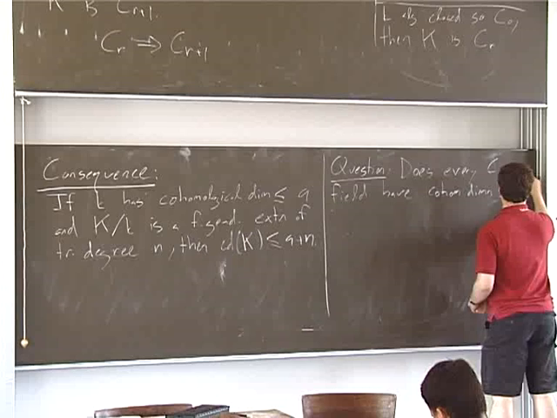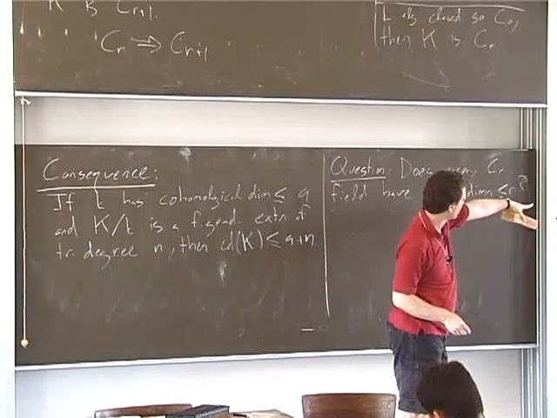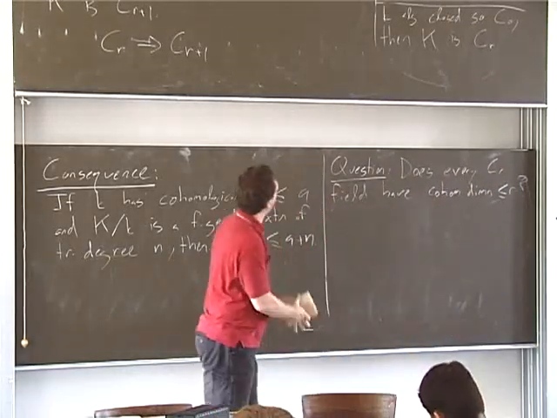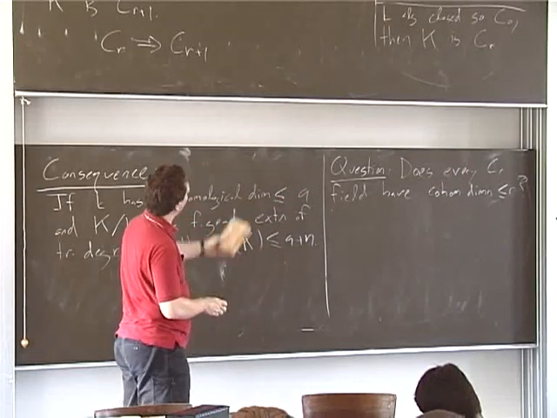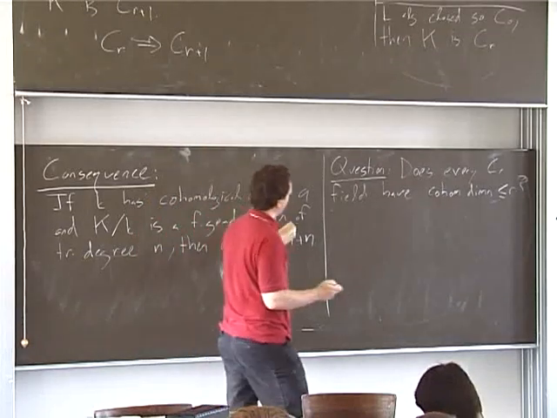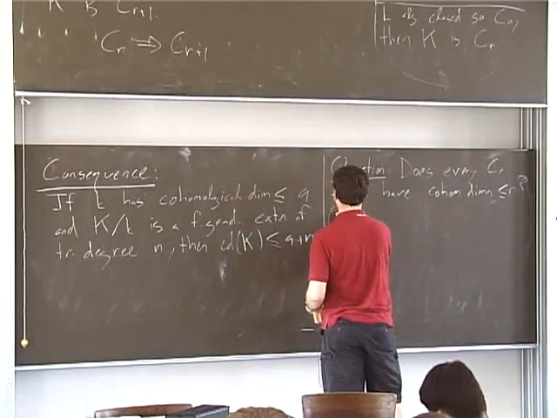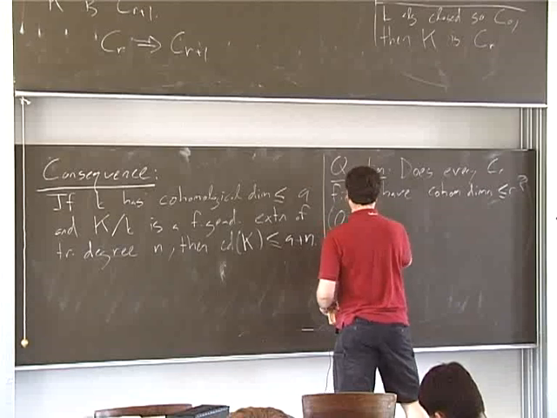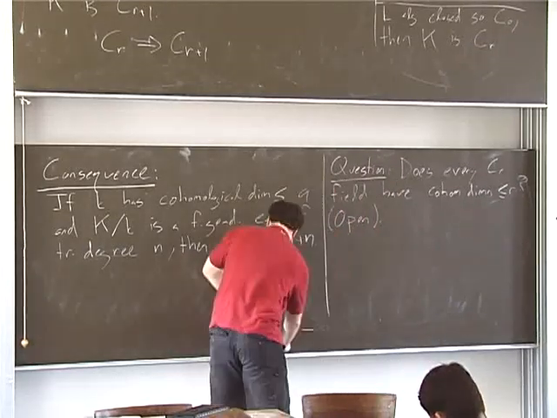Of course, that's what we just proved when R is equal to 1. They both satisfy this kind of theorem, but not every CR field is obtained from a C1 field by this operation, so it's not clear. As far as I'm aware, in Serre's book he lists this as an open problem, so I think this is still open.